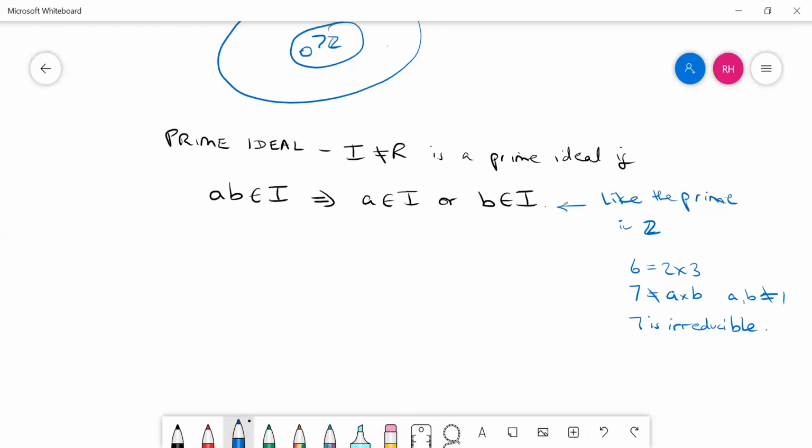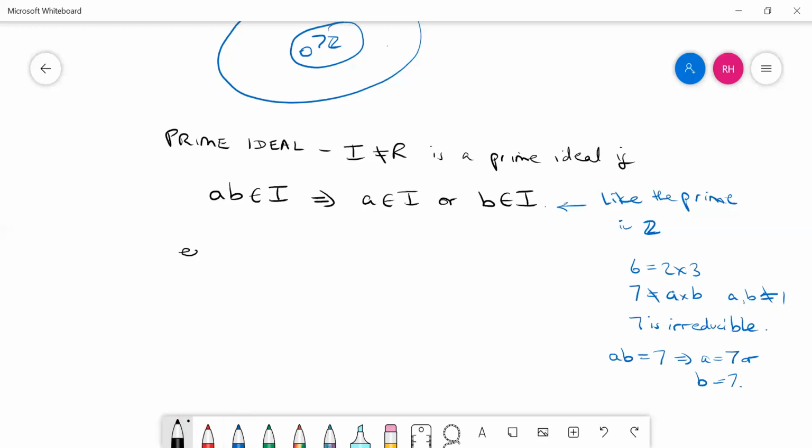The primality concept would say that 7 is prime because if A times B equals 7, then A equals 7 or B equals 7. Okay, so that's just a by the way, little diversion.